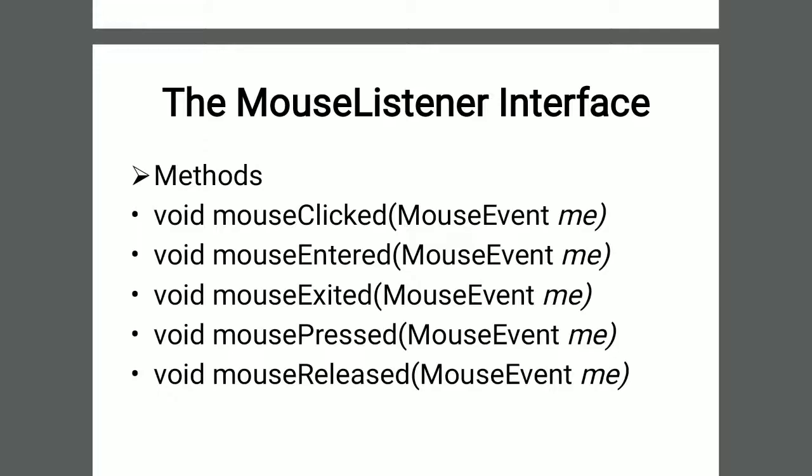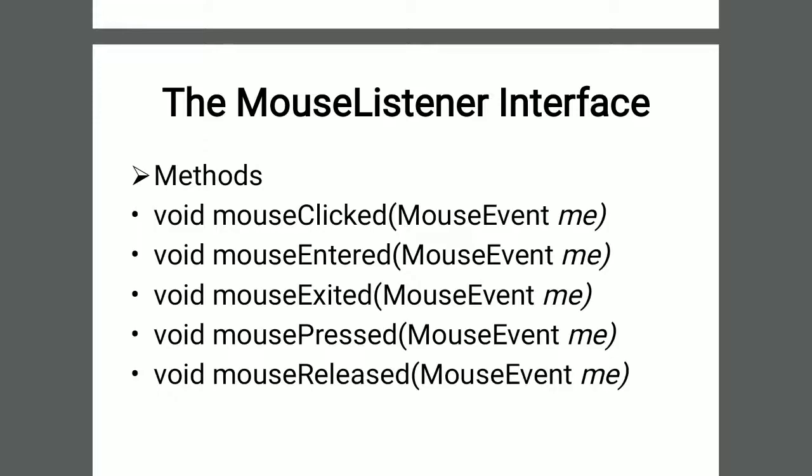To support this event handling, we have different interfaces. Under that, the first interface is the MouseListener interface. This interface is with respect to mouse events, one type of mouse event.